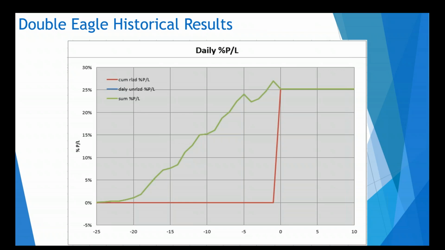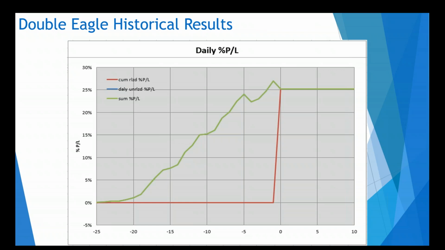This slide was shown in the previous webinar, representing about 1,600 of our Double Eagle historical results. It is unmanaged, with the attitude of set it and forget it, which is not the way we trade it. This shows all the winners and all the losers.